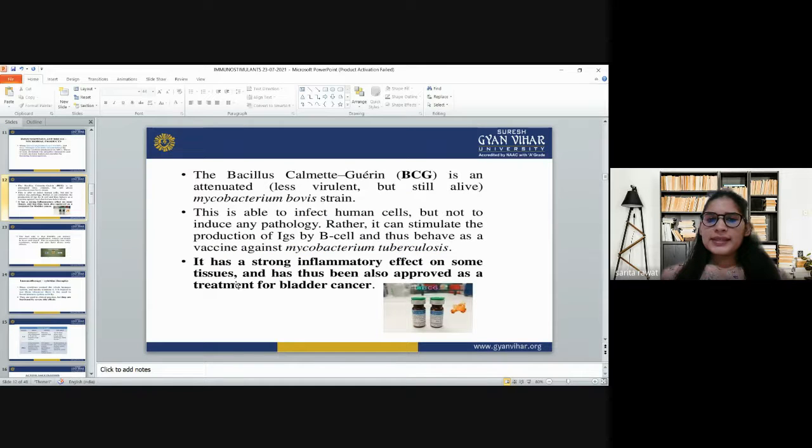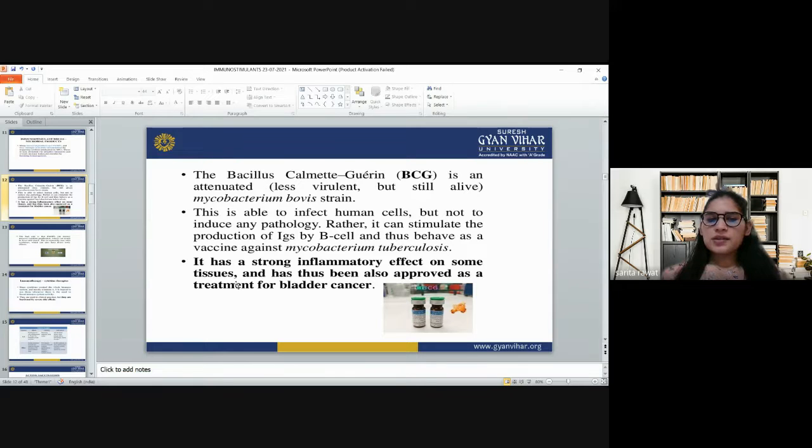Now, Bacillus Calmette-Guerin (BCG) is an attenuated, less virulent but still alive Mycobacterium bovis strain. This is able to infect human cells but not to induce any pathology, and rather it can stimulate the production of IgGs by B cells, and thus behaves as a vaccine against Mycobacterium tuberculosis.